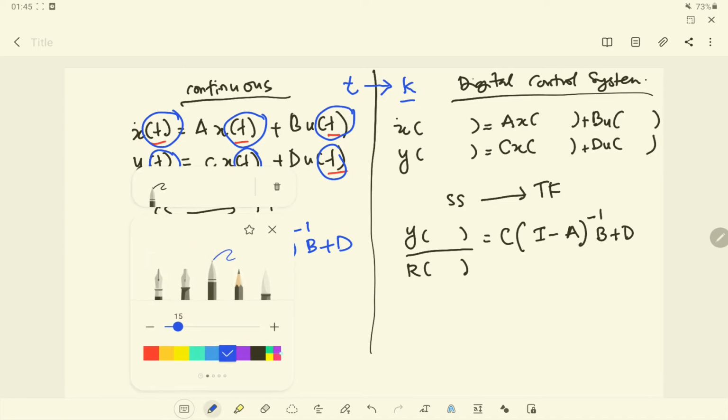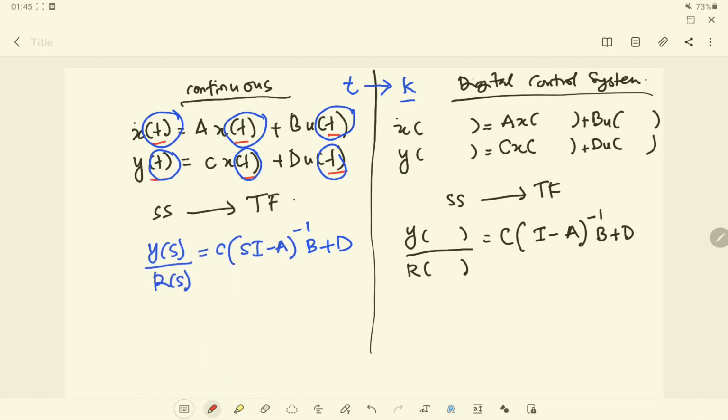And one more thing: s will be replaced with z. So now we replace it one by one.